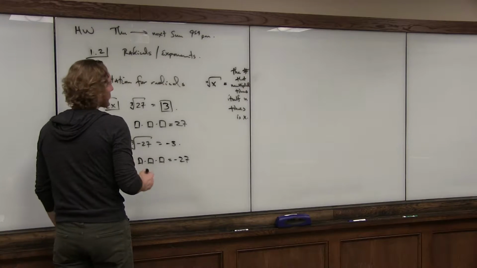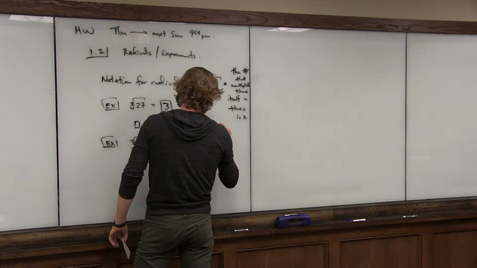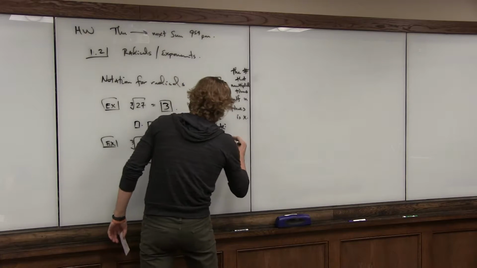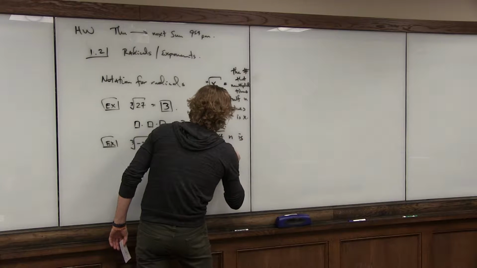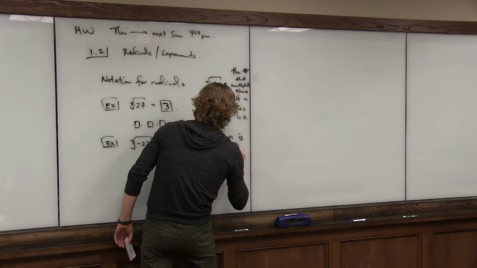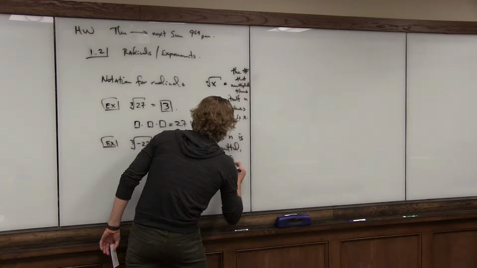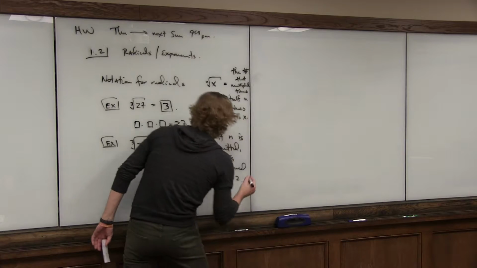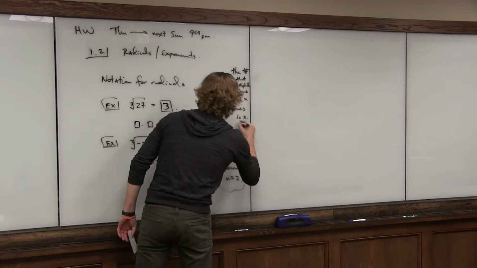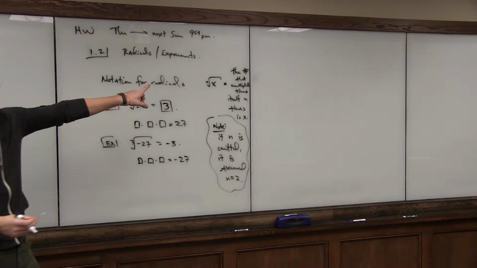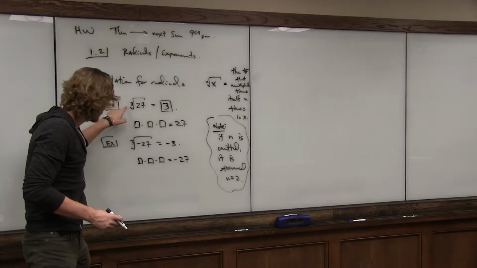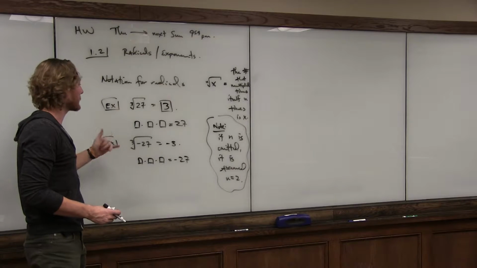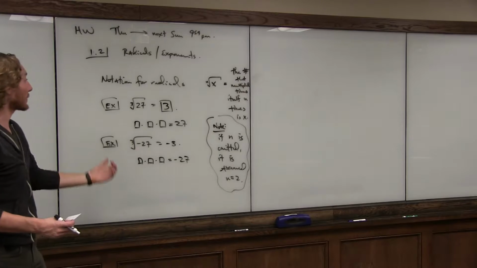Also, just a note, let's observe that if n is omitted, it is assumed n is 2. So sometimes you won't see the n written. In both of these examples that we gave, the number of times we need to multiply that thing by itself is 3.